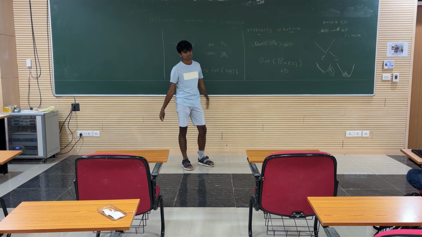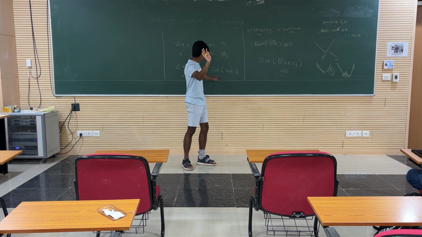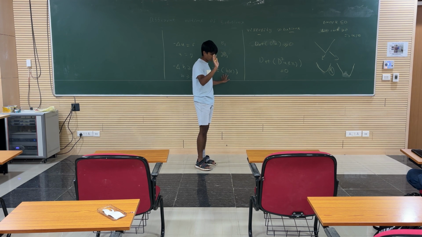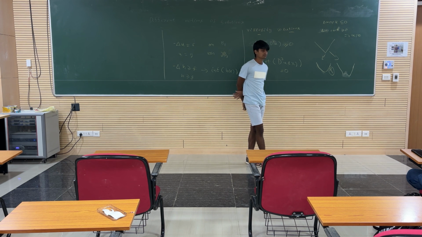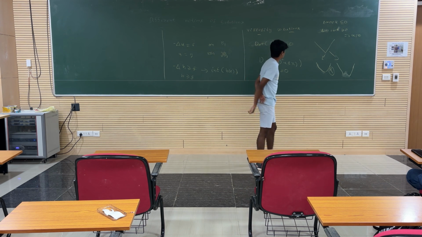Wait, when you're touching it from below, why do you want a super solution? So, infimum of super solutions. Yeah, supremum of sub solutions. Yeah, but when it's starting from below, why do you want a super solution? So that's what I was arguing, right?